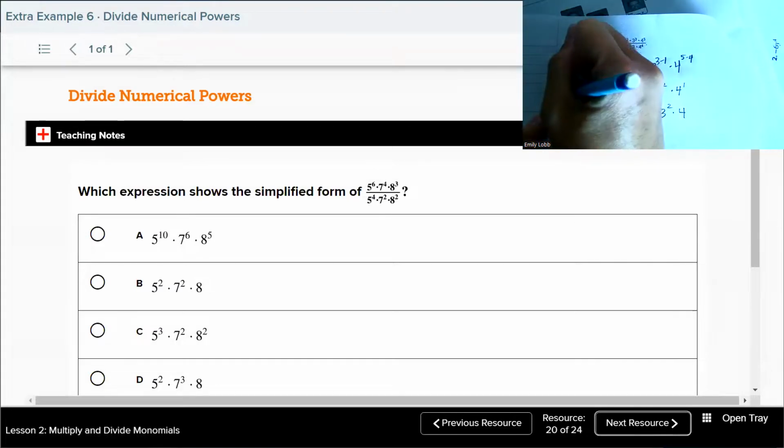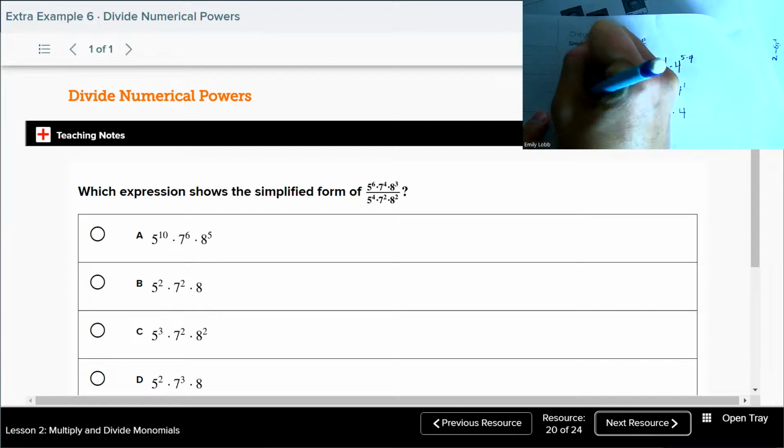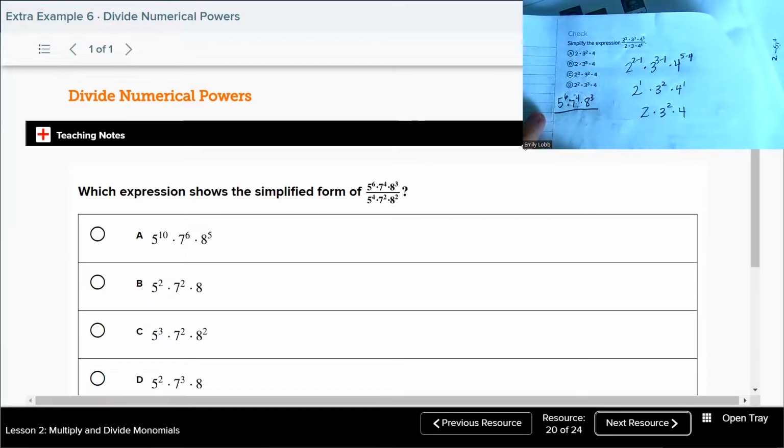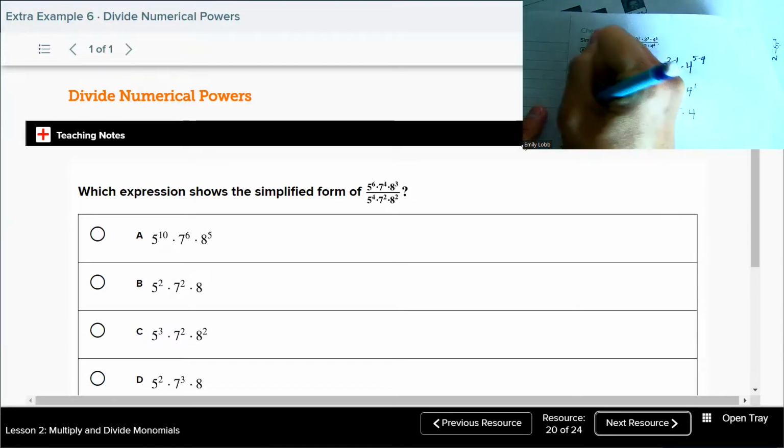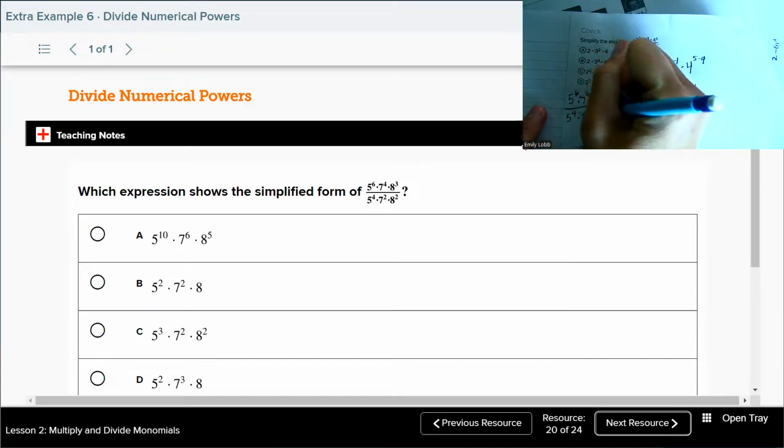It's 5 to the 6th power times 7 to the 4th times 8 to the 3rd, and that is all over 5 to the 4th times 7 to the 2nd times 8 to the 2nd.